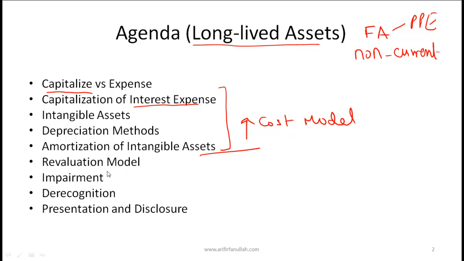IFRS also allows a revaluation model under certain circumstances, so we'll talk about that. We'll talk about the impairment of assets under both IFRS and US GAAP, derecognition of assets, so this is where we either sell or abandon or exchange an asset, and finally presentation and disclosure of information related to long-lived assets.